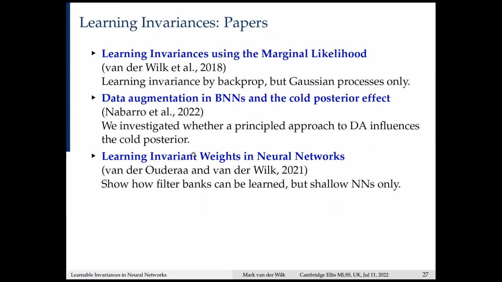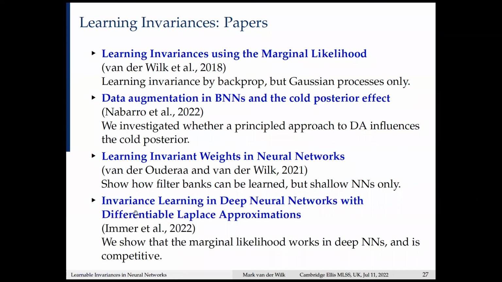And then with Tycho van der Ouderaa, we worked on doing the weight version of this representation of invariance and equivariance, but again in shallow models. And then recently we put it all together and did this learning of invariances in deep neural networks using these Laplace approximations.